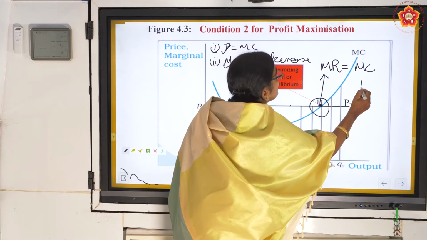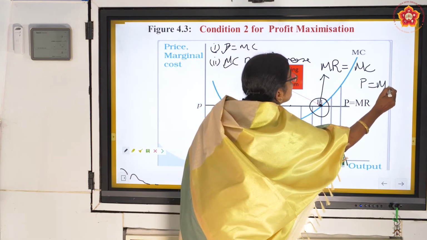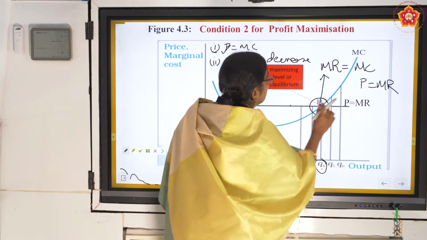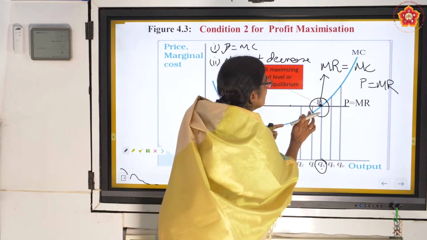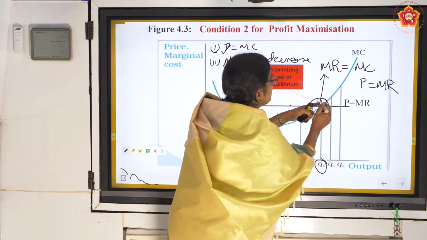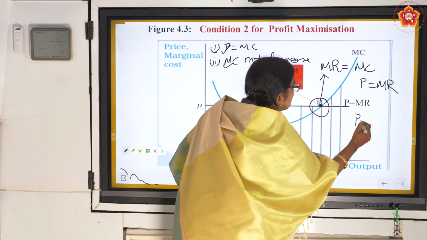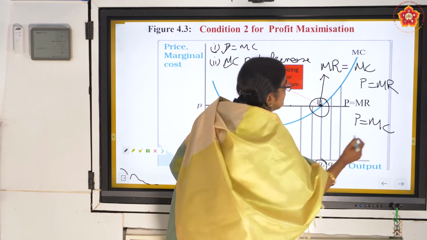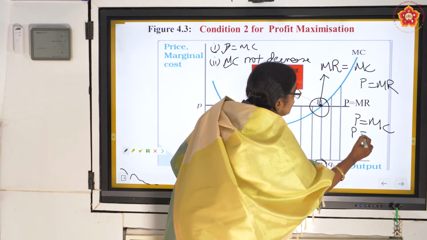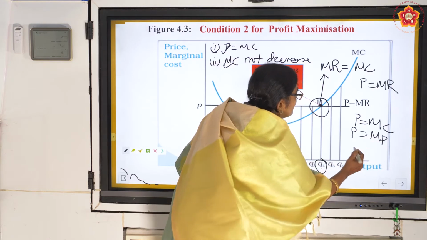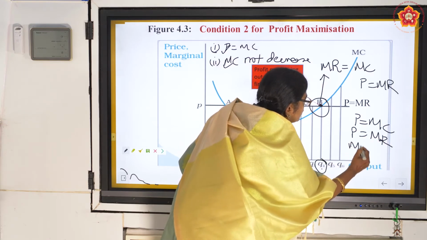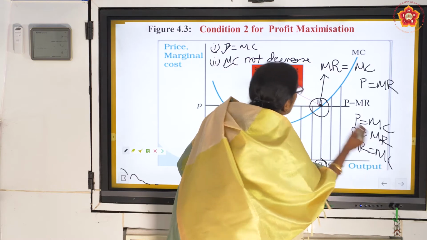Why? We have already proved that price is equal to MR. Therefore, when the price line and MC line intersect at this point, price P is equal to MC. But P is also equal to MR. Therefore, MR is equal to MC at this point.